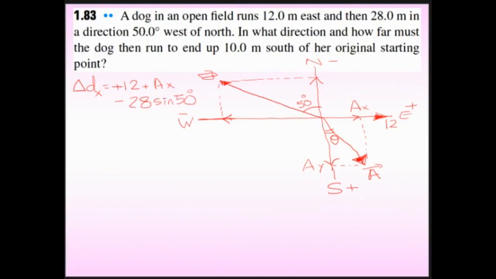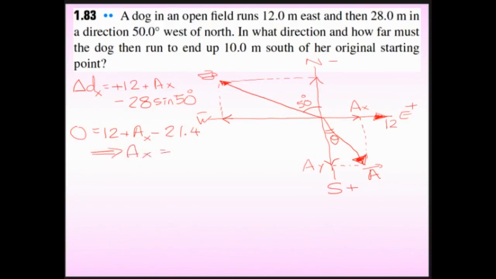Layla, you said it. Delta dx has to be made 0 because the dog did not move anything sideways. So 0 equals 12 plus ax minus 28 sine 50. Can someone give me what's 28 sine 50? 21.4.